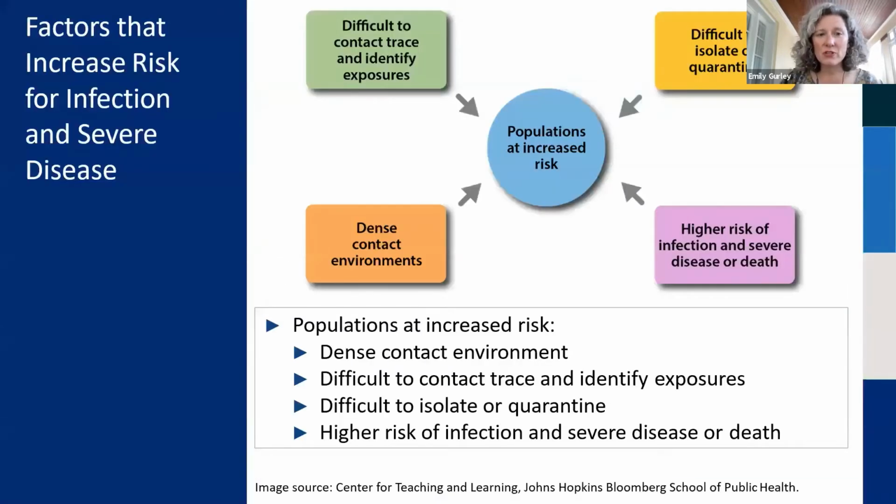So when contact tracers are talking to cases and contacts, they always need to be on the lookout for this. So anyone who's in a very dense contact environment, or people who can't identify their contacts easily or identify who they've been exposed to, people who have difficulties with isolating or quarantining themselves, and people who are at higher risk of severe disease or death.